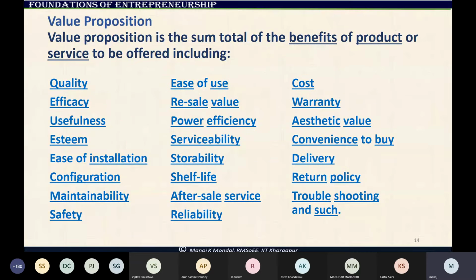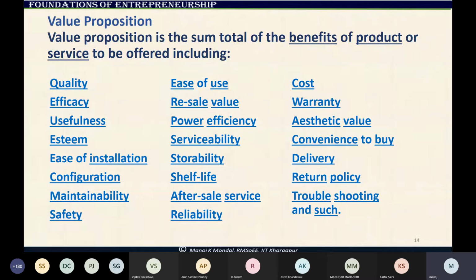Now, value proposition, as I mentioned yesterday while talking about differentiator, is almost similar, but with a little bit of a difference. Here it is just what the customer might appreciate, not what competitors are offering. Definitely there is a comparison with competitors, because suppose your efficacy is good but not as good as what the competitors offer, then it's not going to work.